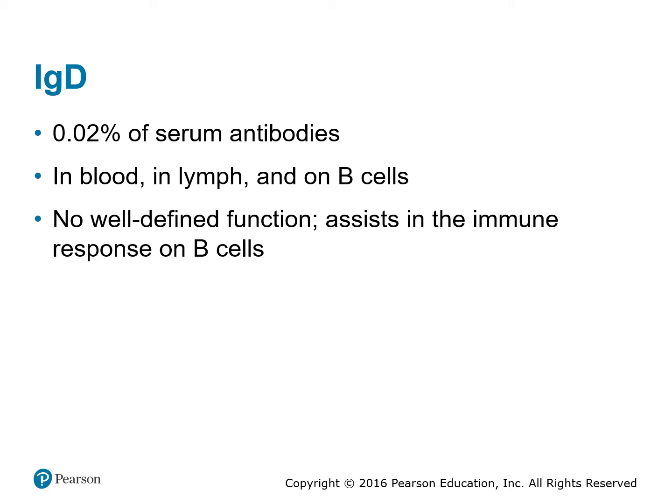In terms of their function, we just know that it's going to help out in your immune response, especially assisting that immune response on your B cells. But otherwise, we don't know too much about it yet.